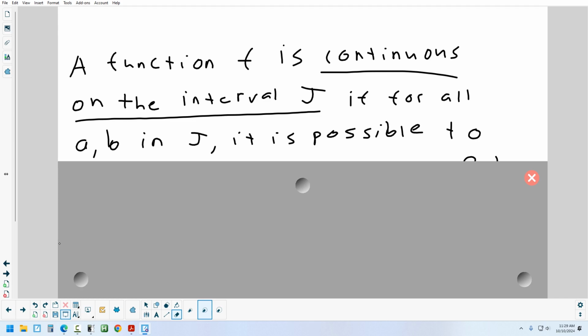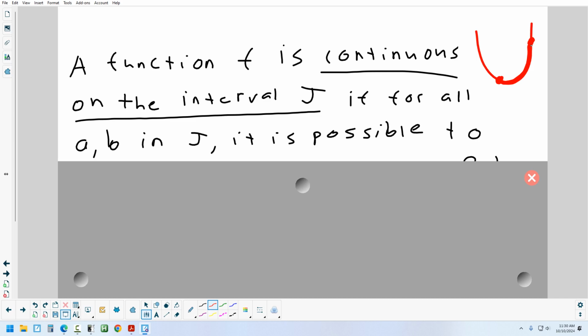Sometimes we name an interval, like if you had a parabola and we said you started here and you stopped here, you could name that section J. In the last problem I did with you guys, where it was increasing and decreasing, I named the sections with numbers, 1, 2, and 3.